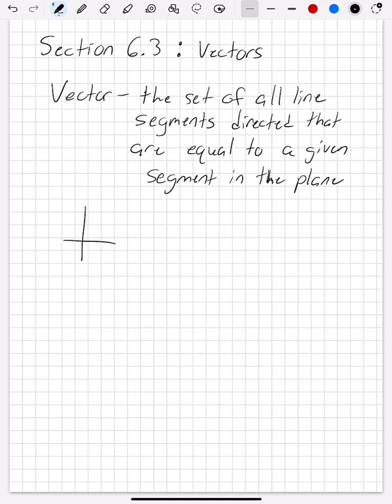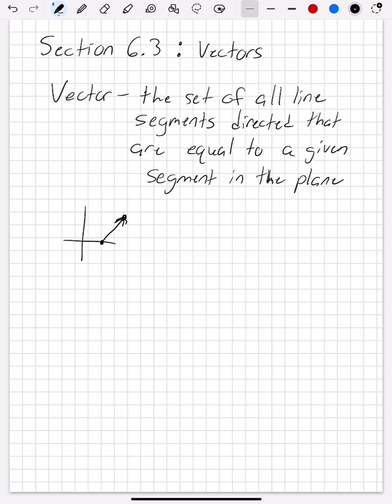So we've got our plane here, and we're only going to talk about 2 dimensions. So think of the coordinate plane that we graph on. A vector is just something that has a starting point that we call the initial point and a terminal point with a direction.